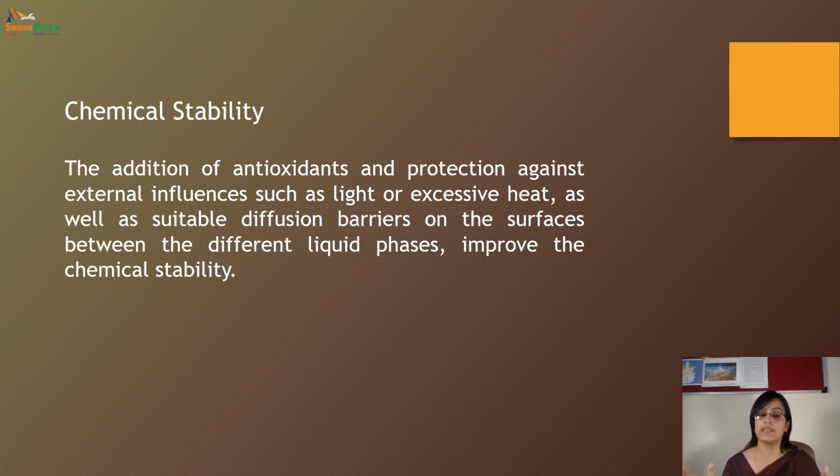Chemical instability may be due to the oxidation of fat and oil. So how to prevent the oxidation? By using antioxidants and by protecting it from the external environment like light and excessive heat. This way we can prevent the chemical destabilization of emulsions.